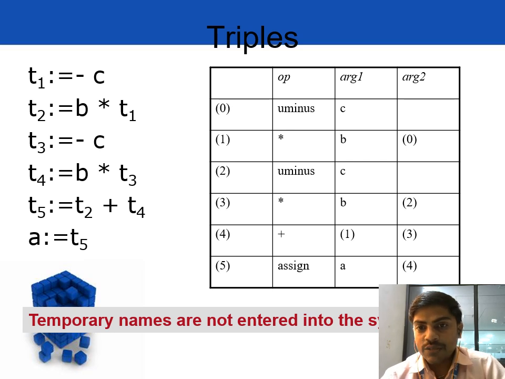Rather than referring to the temporary name, the triples directly refer to the index where the actual value is stored. It refers to the record rather than the temporary name. The need for a temporary variable is ignored completely in triples. Temporary names are not entered into the symbol table in this implementation.